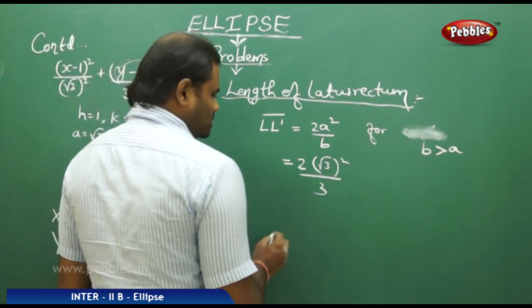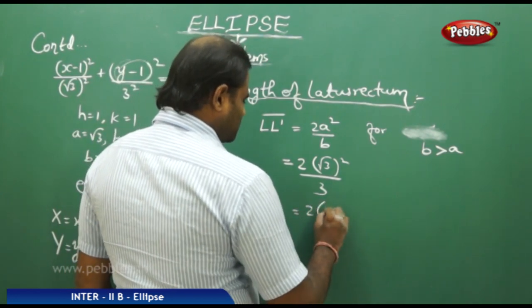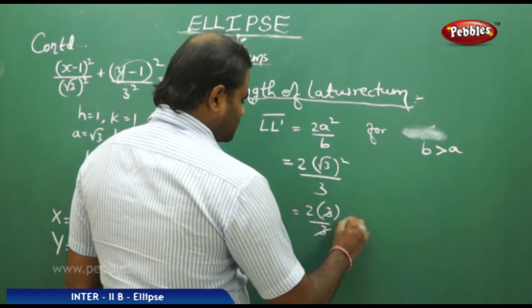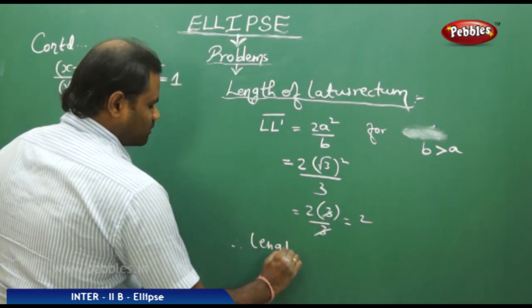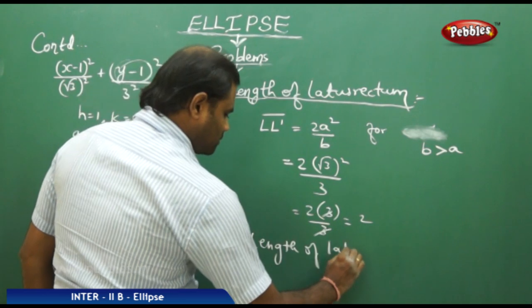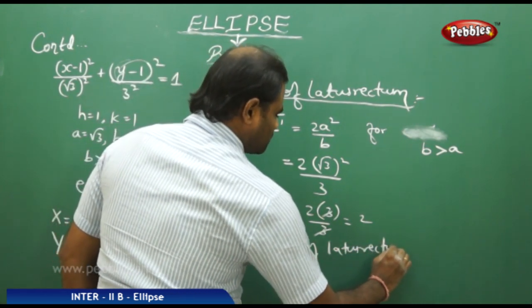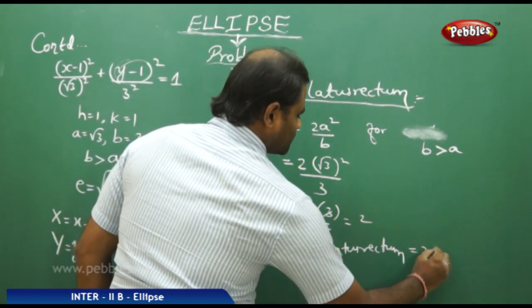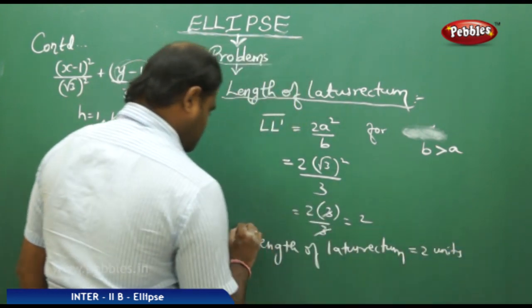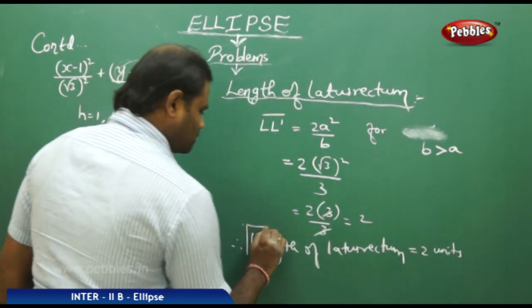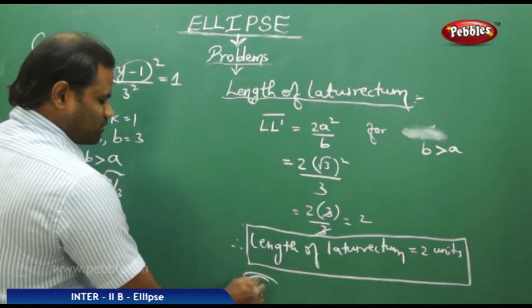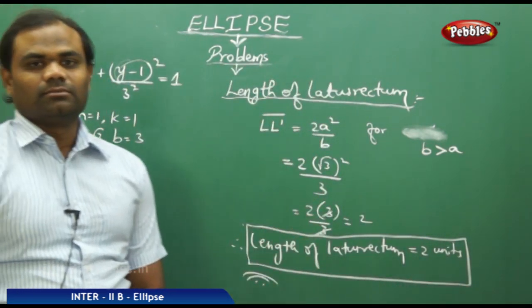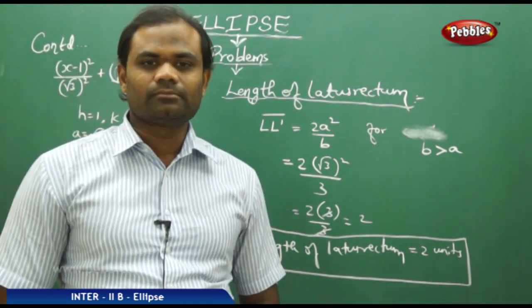So this on further simplification gives 2 times 3 over 3, that is 2. Therefore, the length of latus rectum is 2 units. That's how we identify the length of latus rectum for the given ellipse.